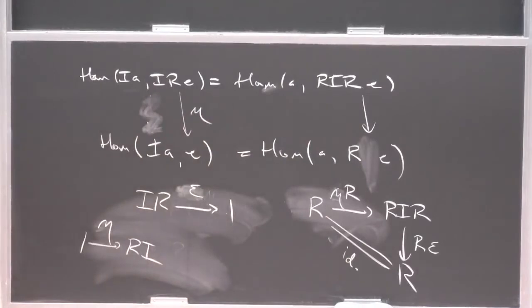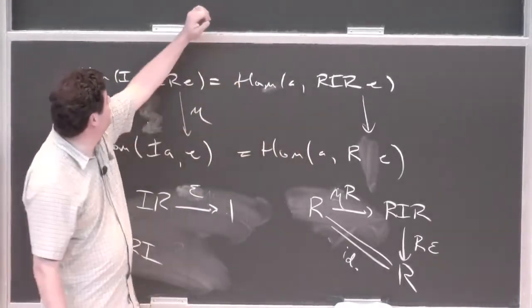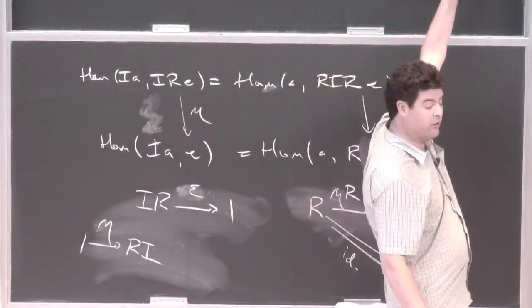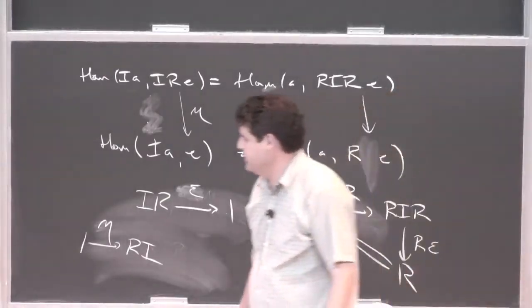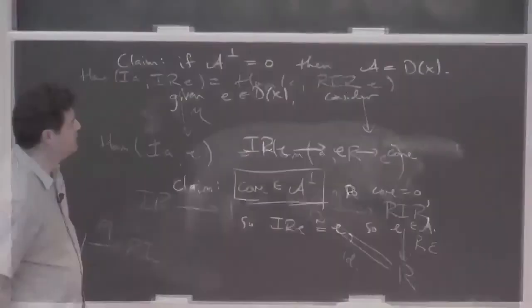By the way, I'm claiming that this map is an isomorphism, and therefore all these maps are isomorphisms, and therefore all of these are 0, which is exactly what I wanted to get. I'm saying that the cone is in A perp, so it's 0, and so we win.